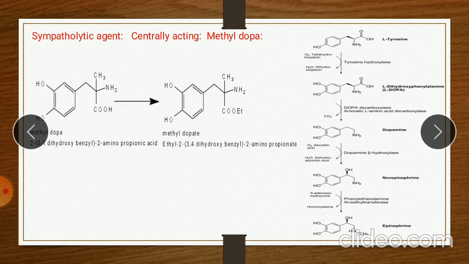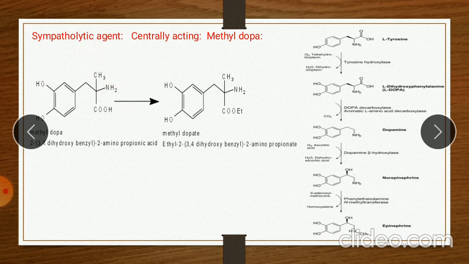Regarding the mechanism of action of methyldopa, methyldopa and dopa have structural similarity; the only difference is the methyl group.